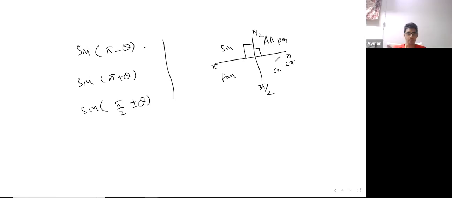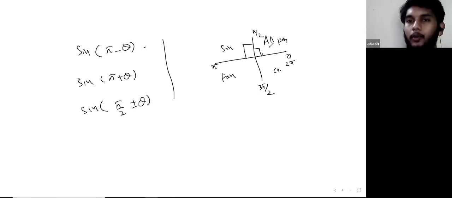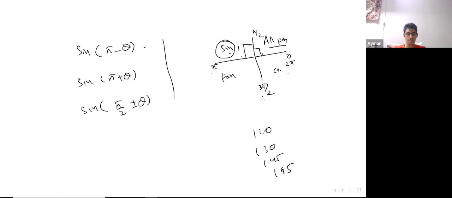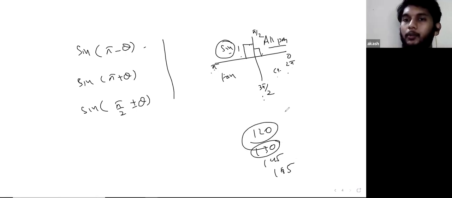From 0 to 90, all positive; 90 to 180 sine positive; 180 to 270 tan positive; 270 to 360 cos positive. What this means, if you put any angle from 90 to 180, that means 120, 130, 145, 165, anything in sine, then that value will be positive. And if you put any of these values into cos or tan, then they will be negative.